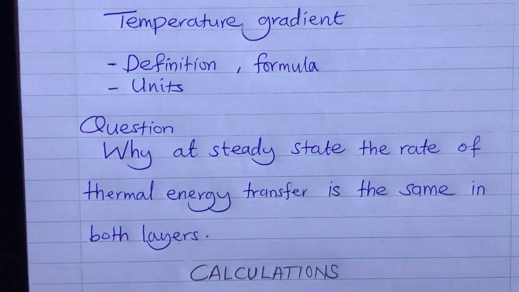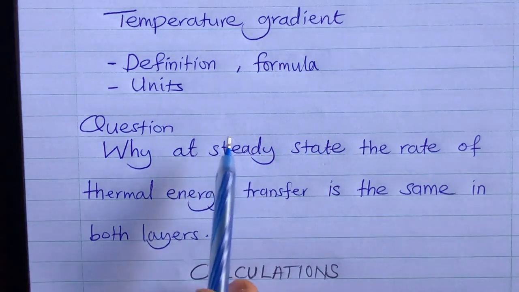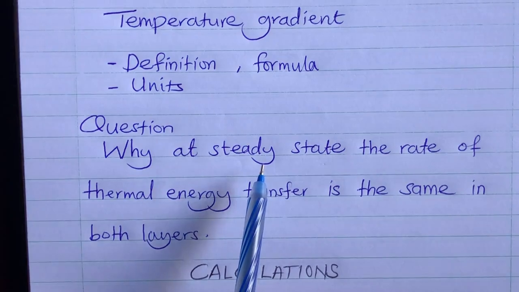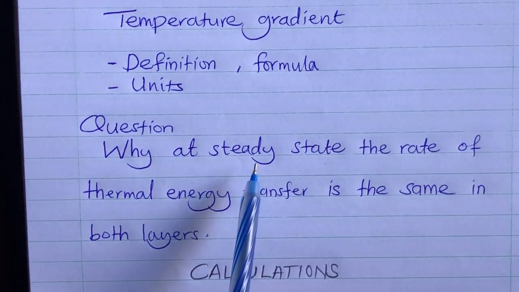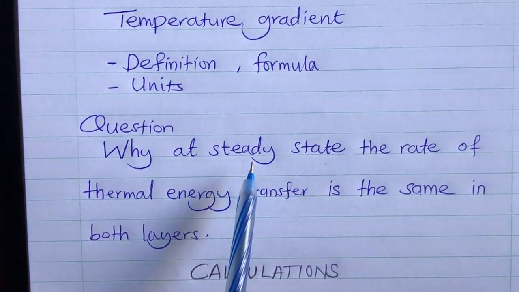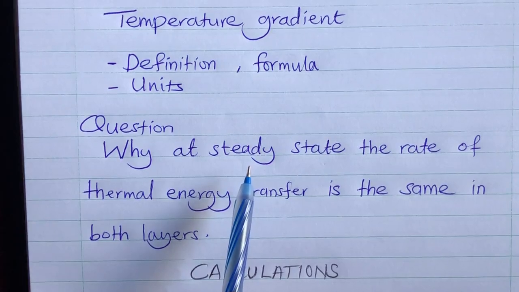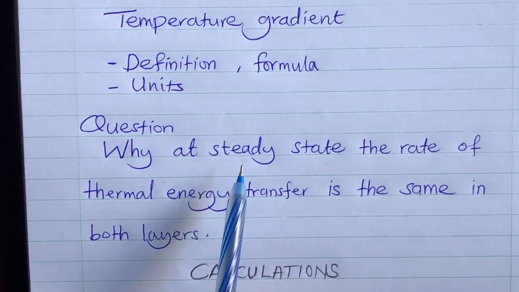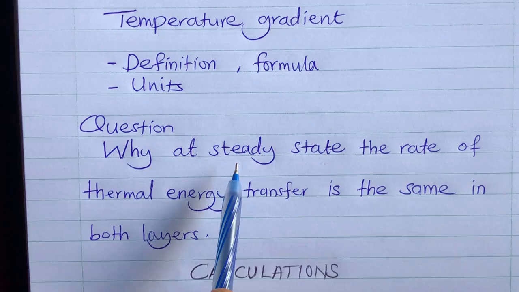So during heat transfer between the layers of the material, no heat is lost to the surrounding, and therefore that maintains the rate of heat flow to be the same or constant. So the temperature gradient across the composite surface also remains constant, hence making the rate of heat flow remain the same.